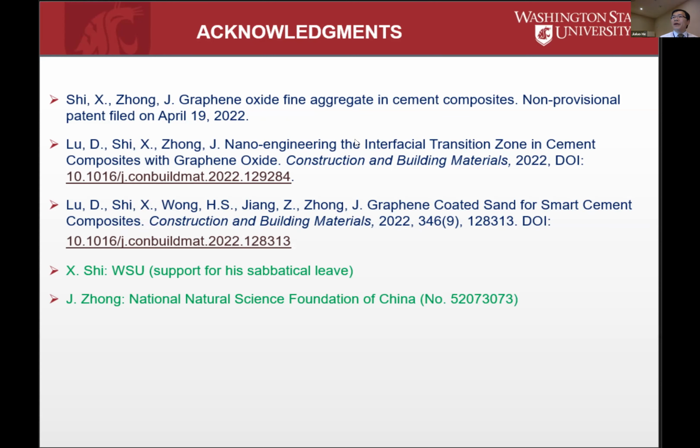Could you explain why the graphene oxide coating has a better bonding strength? Very good question. Traditionally, with most traditional concrete, you would have a beautiful linear relationship between tensile strength and compressive strength. But when it comes to, for instance, what Jim presented, when you have polymer fiber added into it, the two kind of deviate from each other, right?